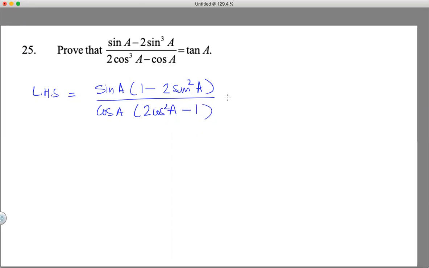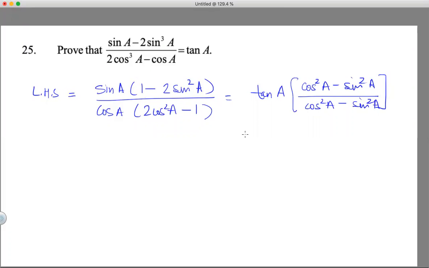So we already get our tan A. Now here we can write 1 as sine square A plus cos square A, right? So it will become cos square A minus sine square A. Similarly, we can write the 1 here also in the same way, and we will get this.